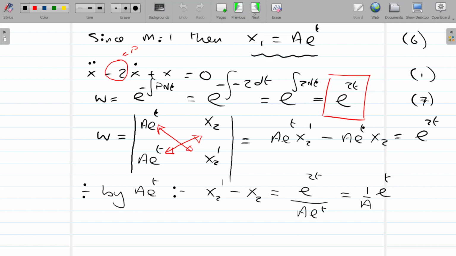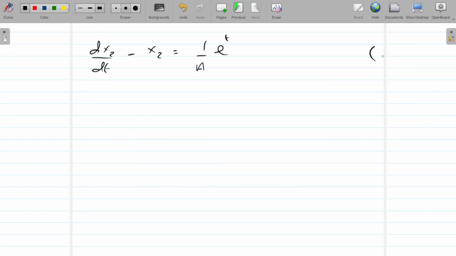Well, we'll call it equation 8. Now, an integrating factor, that's what we want to find now. An integrating factor of equation 8 is e to the power of minus 1 dt, and that comes out to be e to the minus t.